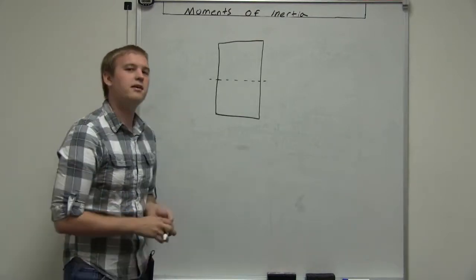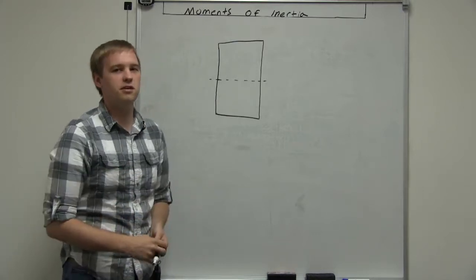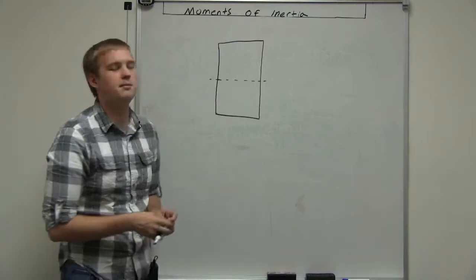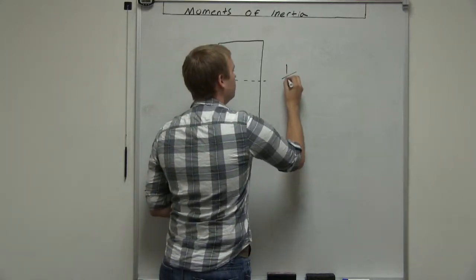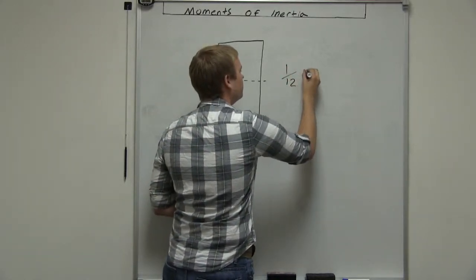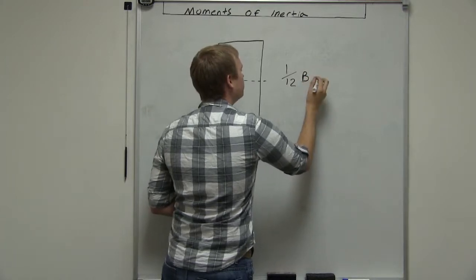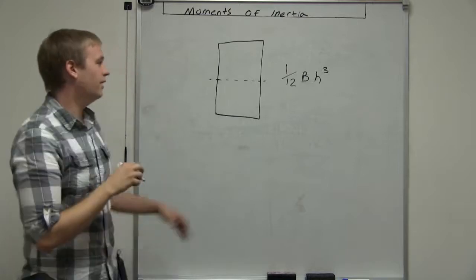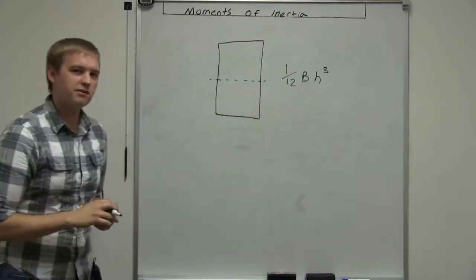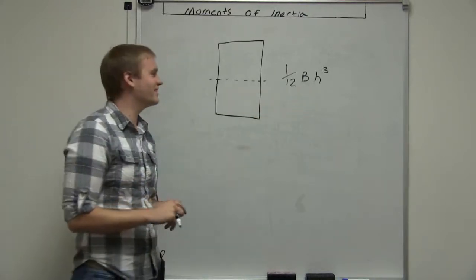You'll probably want to memorize this just because you'll be using it so much, and if you don't, you'll have to look it up every time, and that could be a pain. So just write out the one for a rectangle, which is 1/12 base times height cubed. And again, probably just memorize this one and look up all the rest.